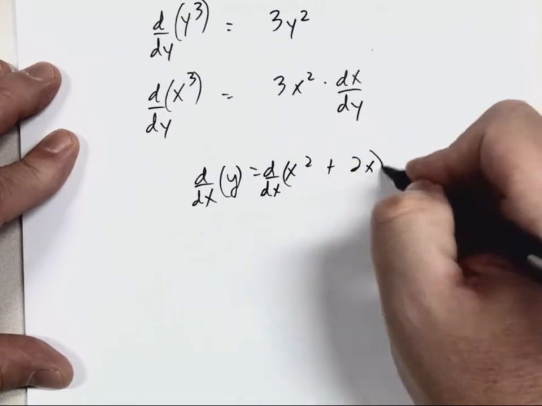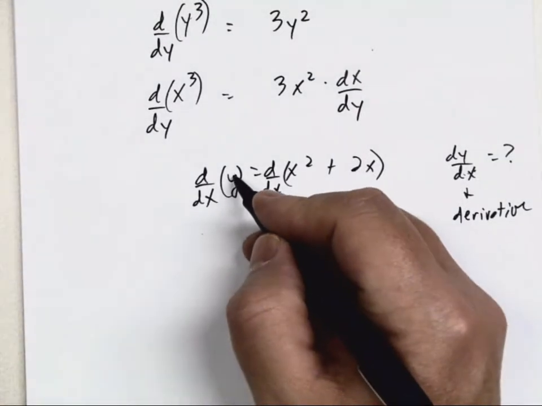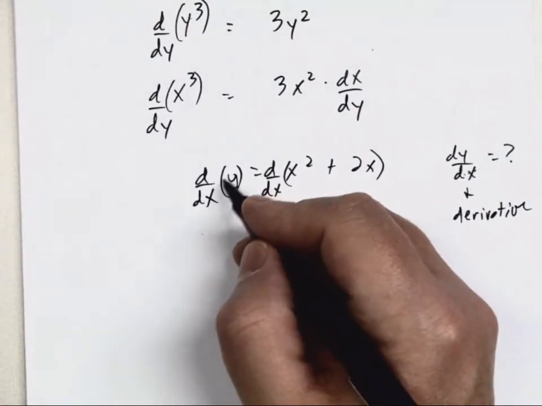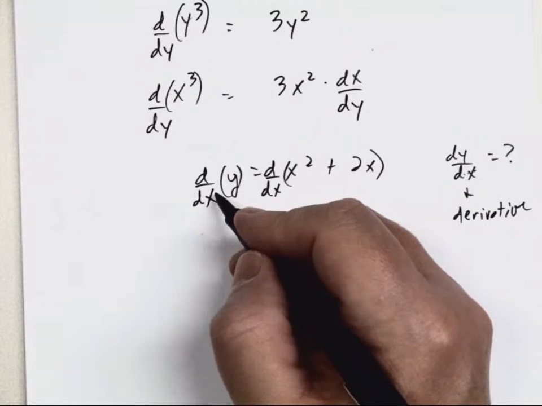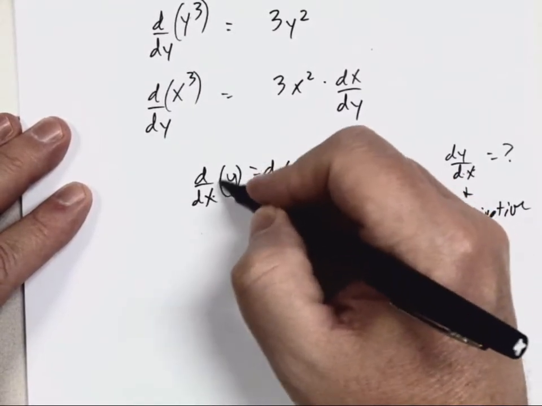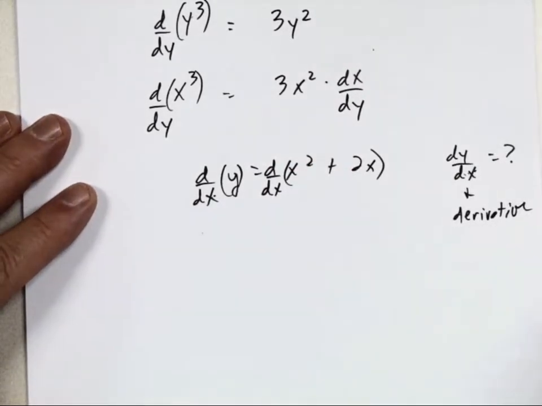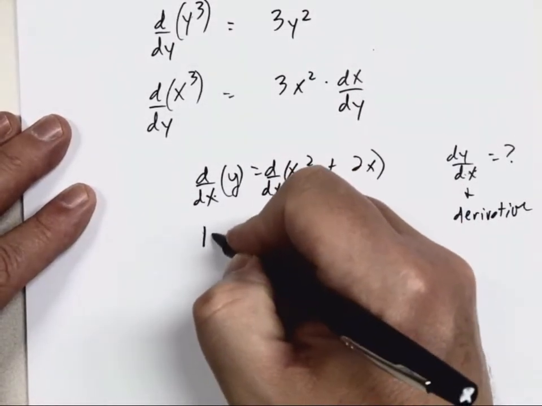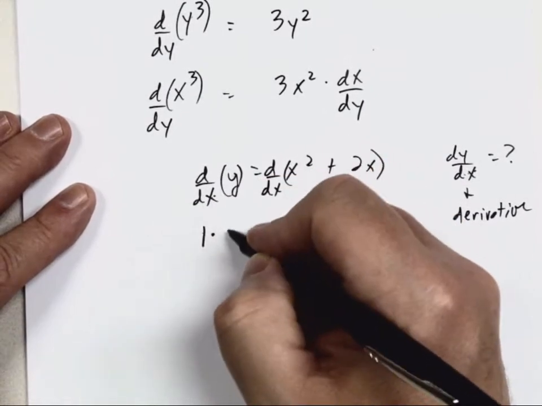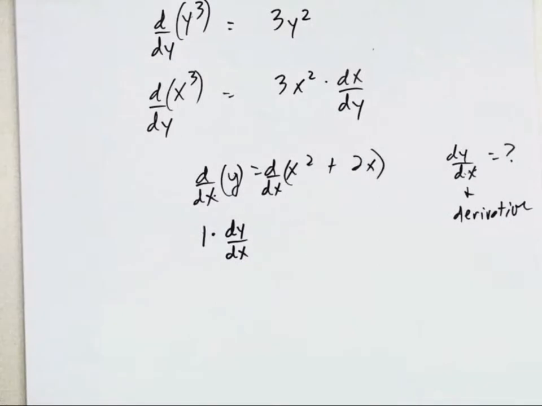So if I take the derivative of both sides with respect to x, now let's go to the left-hand side. You notice my variable is y, but the variable on the bottom with respect to is x. They're not the same. So I go ahead and take the derivative of y with my normal derivative rules. Derivative of y is just 1. But because these variables are different, I have to multiply by dy dx.